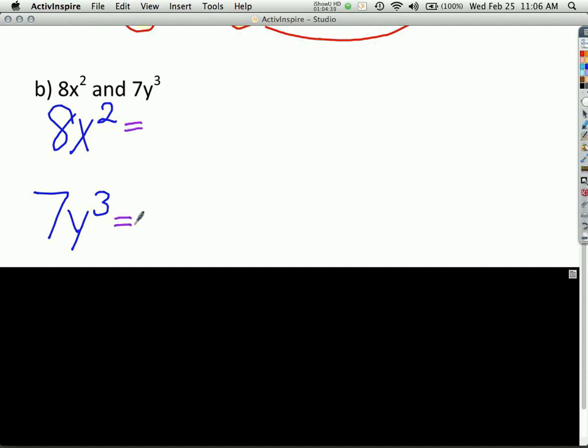What would 8x squared turn into? Got 3, 4 people. Amar? 2 times 2 times 2 times x times x. Beautifully said. 2 times 2 times 2 times x times x. What about 7y to the third? Yasmin?